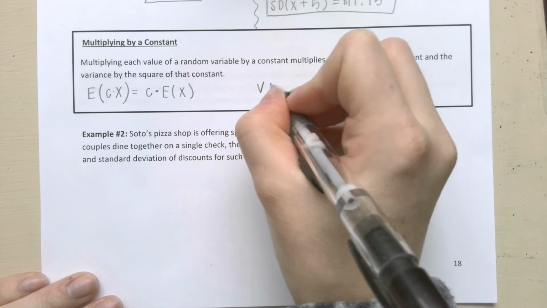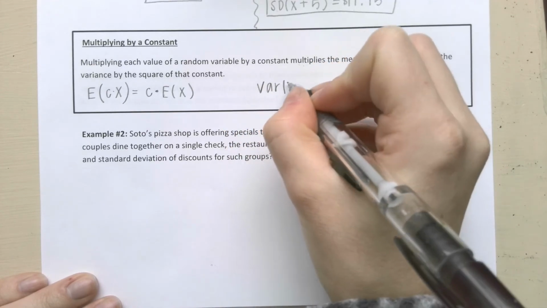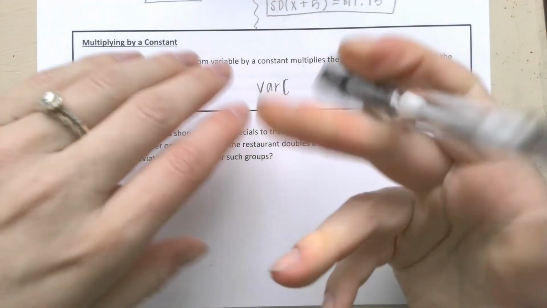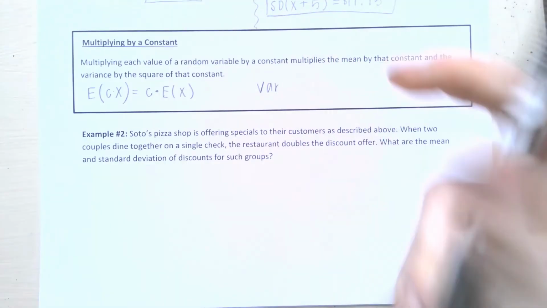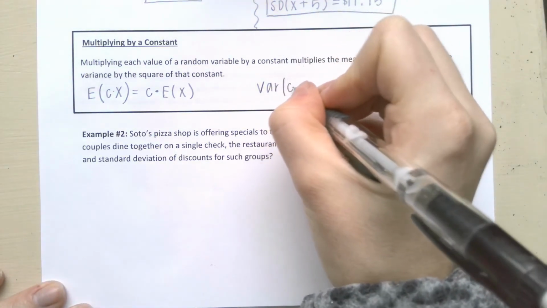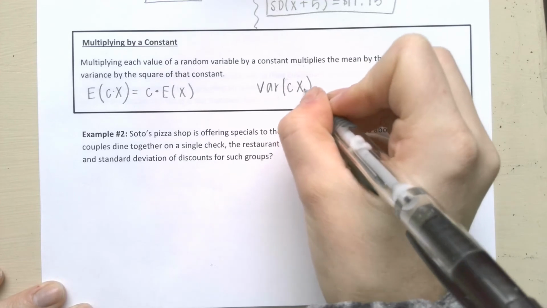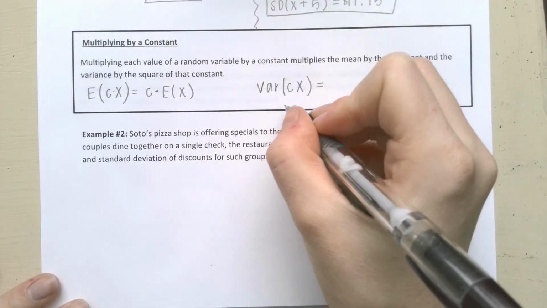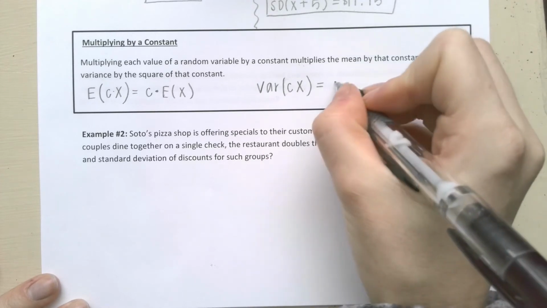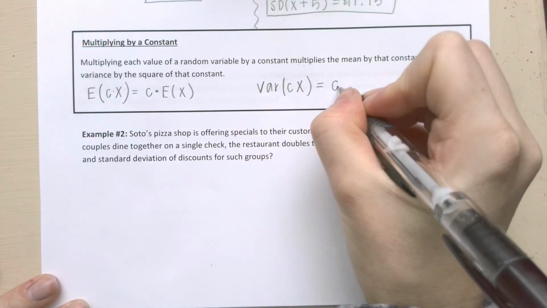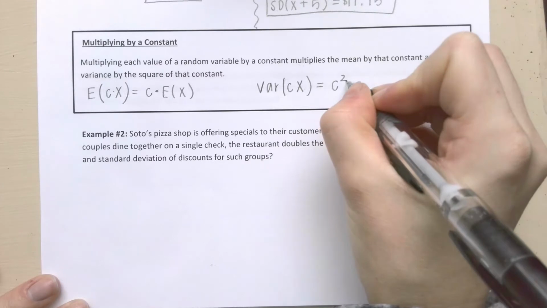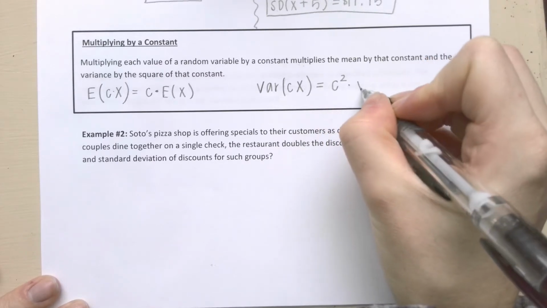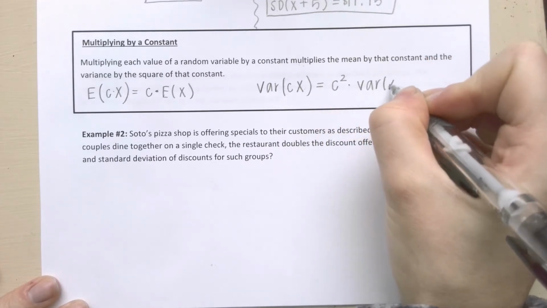So when I'm finding the variance of cx, my random variable times c, because variance is a measure of squared units, what we need to do is take that constant, so that's c, and square it. Then we can multiply by the old variance.